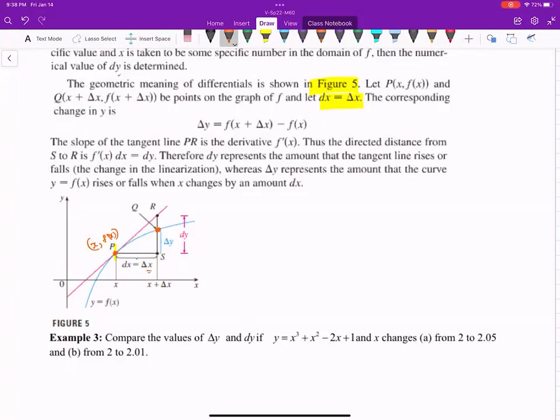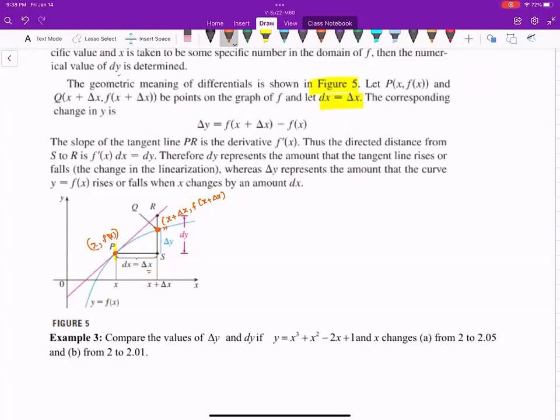So the point Q has coordinates: x increments by delta x, and the y coordinate is f of x plus delta x. These are the coordinates of Q. The slope of the tangent line.